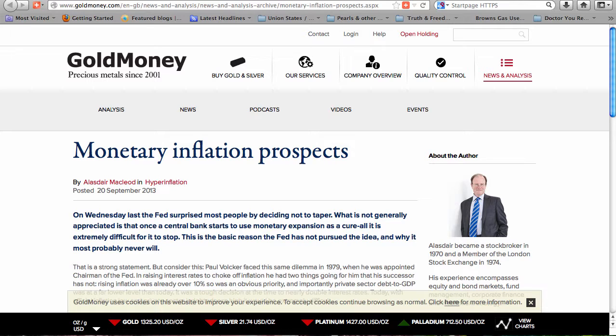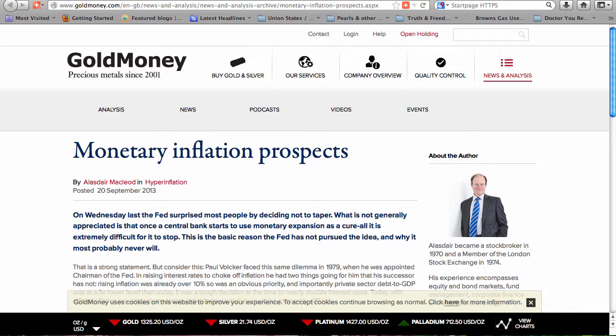This has led me to propose a new measure of money, which at James Turk's suggestion I am calling the fiat money quantity, or FMQ. The purpose is to give us a measure of fiat money that enables us to assess the danger of currency hyperinflation. I shall be publishing a paper on this shortly explaining the methodology.